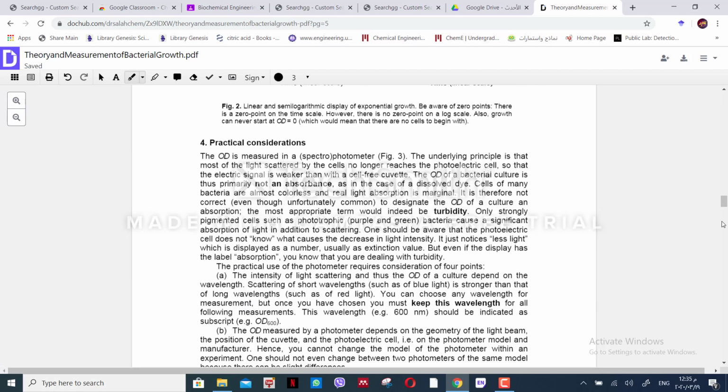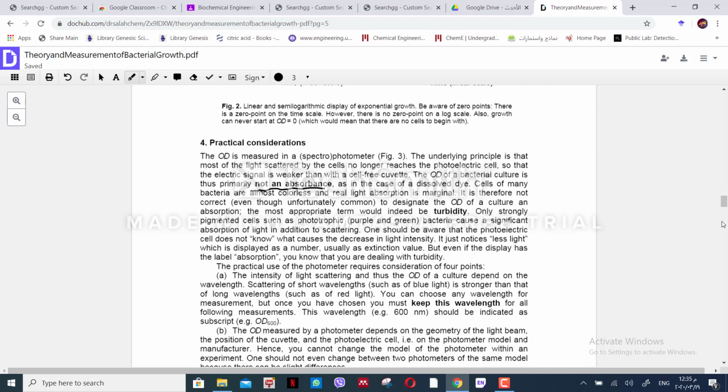So we consider the optical density of a bacterial culture to be primarily not an absorbance. And you know what is meant by absorbance. As in the case of a dissolved dye, cells of many bacteria are almost colorless, and real light absorbance is marginal.